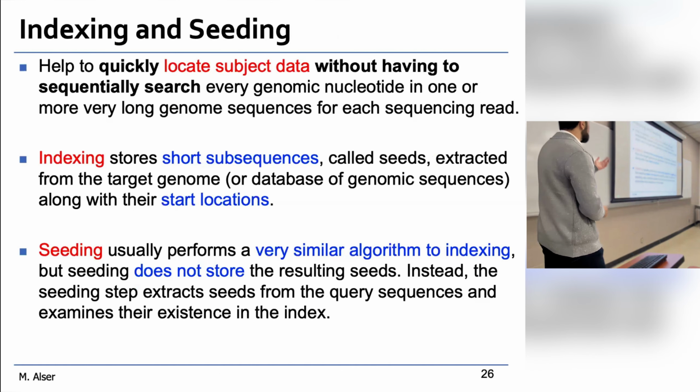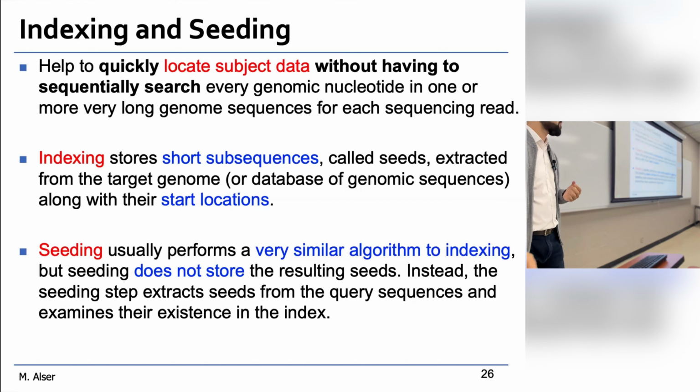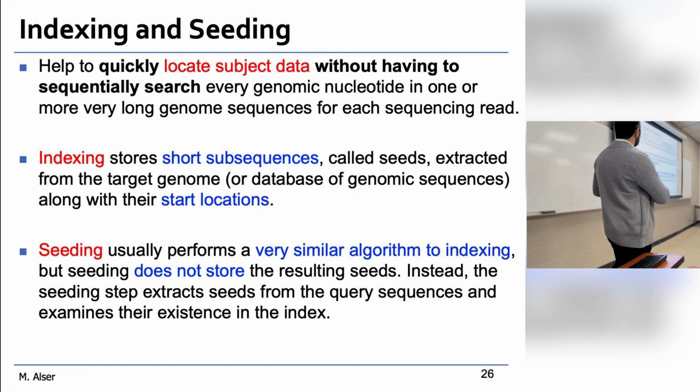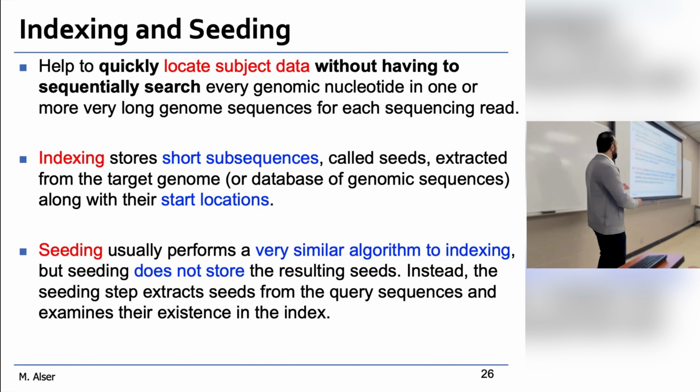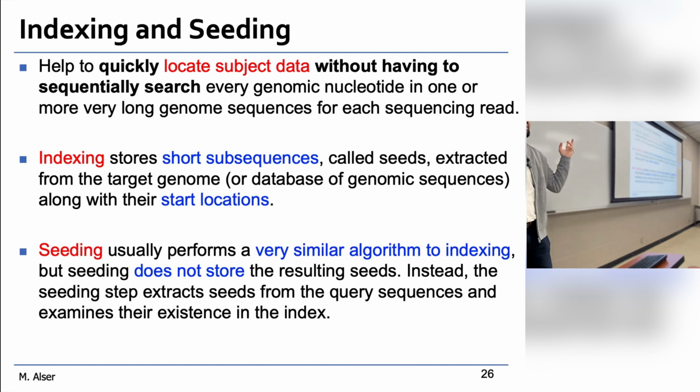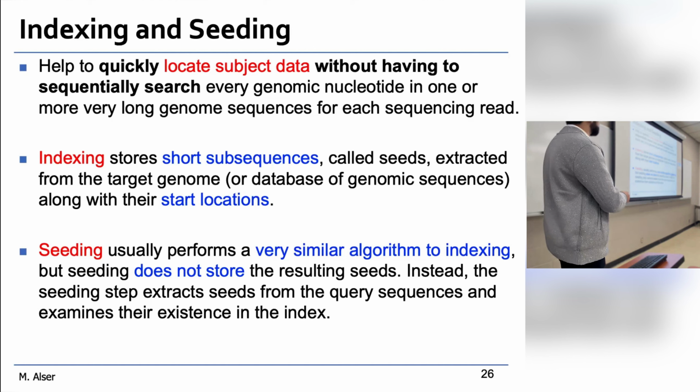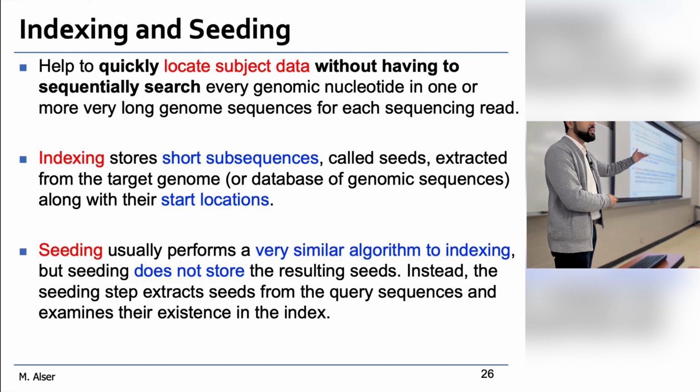All right, now let's give formal definitions to the things that we were discussing, okay? We have 2 important terms called indexing and seeding. What is indexing and what is seeding? First, those 2 steps help us to quickly locate subject data without having to sequentially search the entire data.